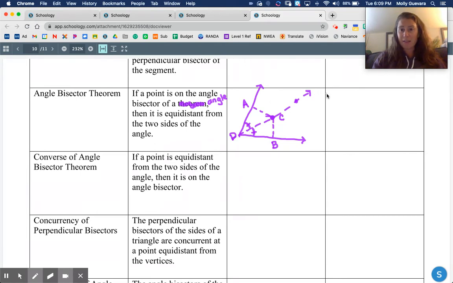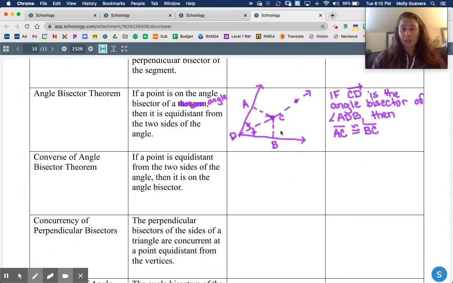Okay, so again, if CD, it's a ray, is the angle bisector of angle ADB, then I can say that AC is the same distance, equidistant to BC.